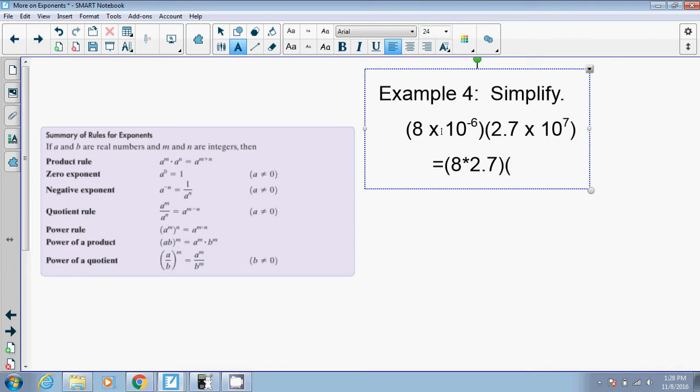But then I also realize here that I can multiply the 10 to the negative 6 and the 10 to the 7th, because the bases of 10 are the same. So I have 10 to the negative 6 that I am able to multiply by 10 to the 7th.